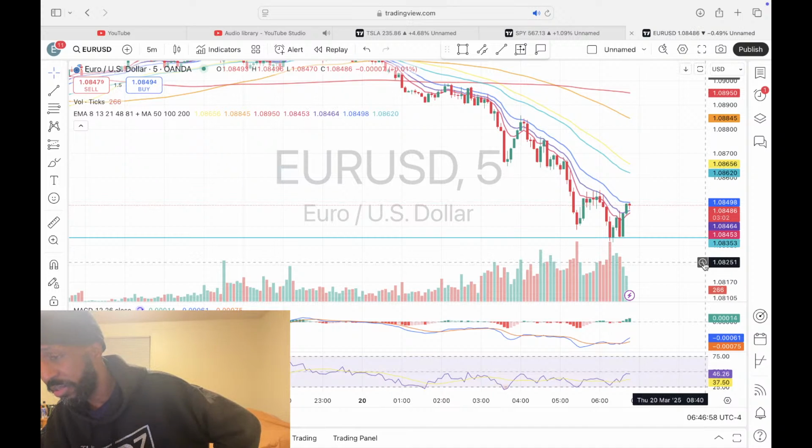The house above this blue line right here, I'm gonna jump into a buy play.